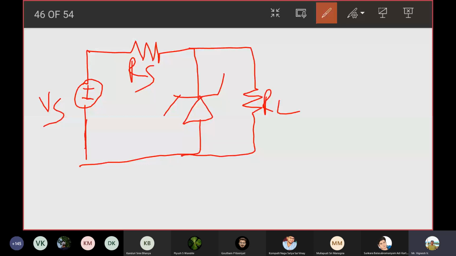That is, you remove this diode, I'll strike it out, and find out what is the voltage across these two nodes. VTH is nothing but RL divided by RL plus RS into Vs. Now this VTH should be greater than, sorry, should be greater than Vz.